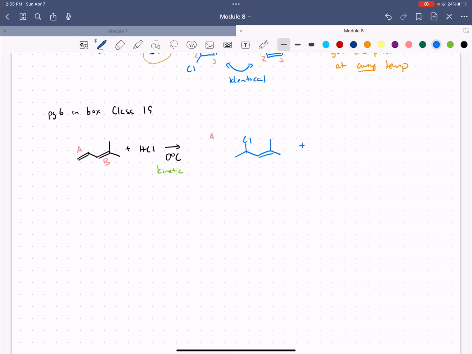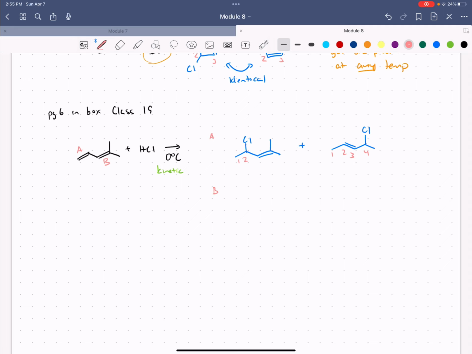Okay, that's the 1,2 product. And the 1,4. Remember, with the 1,4 product, your double bond shifts between 2 and 3. So maybe you want to memorize that or understand that. And the chlorine now goes on 4. Okay, so that's for double bond A.